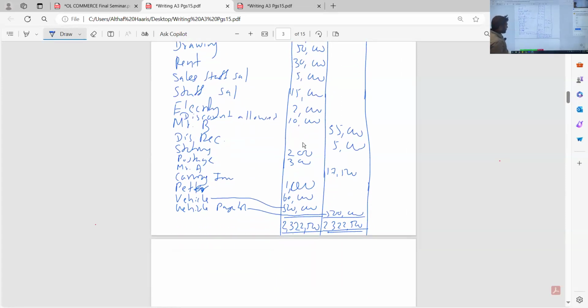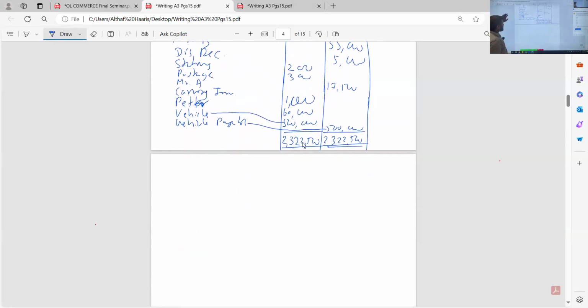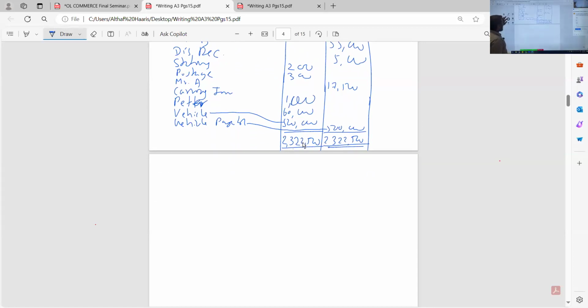Cool. So people, the last part: we have a trial balance. Shall we prepare the income statement and balance sheet? Already we have a trial balance. Using the trial balance, you have to prepare the income statement and the balance sheet. Shall we start?